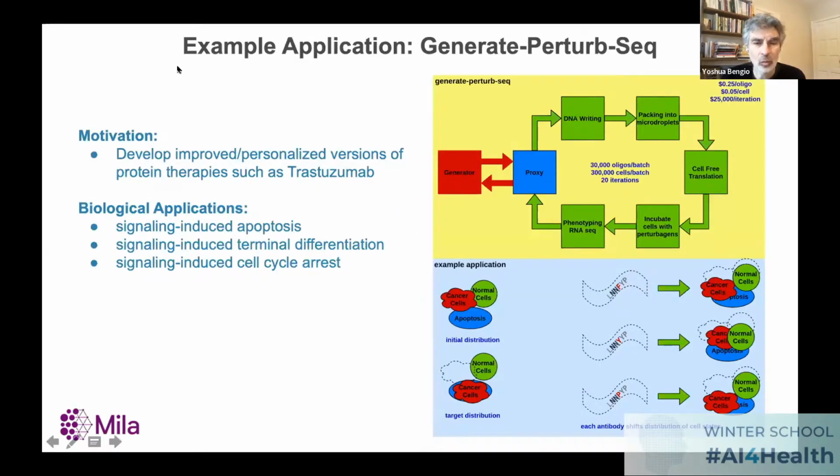What I envision with these kinds of tools is an ability to both explore how the cell works and explore what would be a good treatment, even potentially personalized. So you can imagine, let's think about cancer.